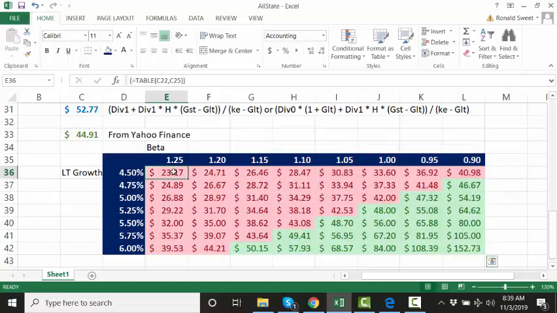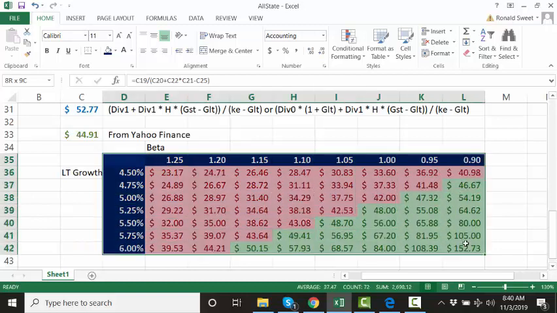What that means is if we think Allstate's worth $23.17, but it's currently trading for $44, we think it's expensive. That's why that's in red. Down here, if we think Allstate's worth $67, but they're currently trading for $44, we have it in green because we think it is a good buy.